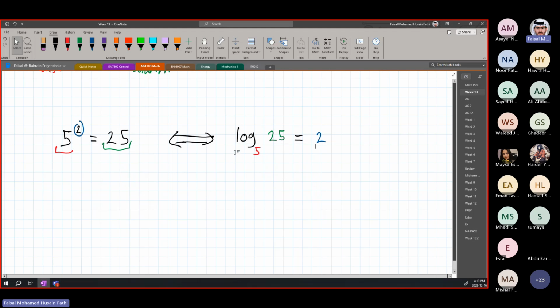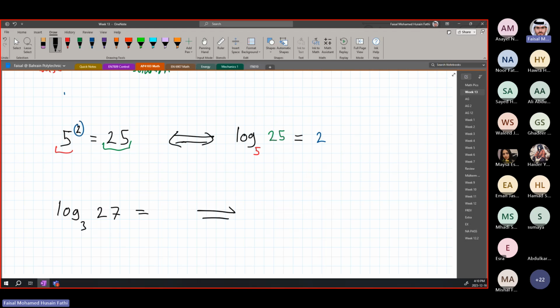يعني خلينا نسويه بطريقة العكس الحين. فرضا قولوا عندنا log base 3 27. What is this equal to? قبل ما we find what it's equal to, let's find the equivalent. The equivalent of it in exponent form.